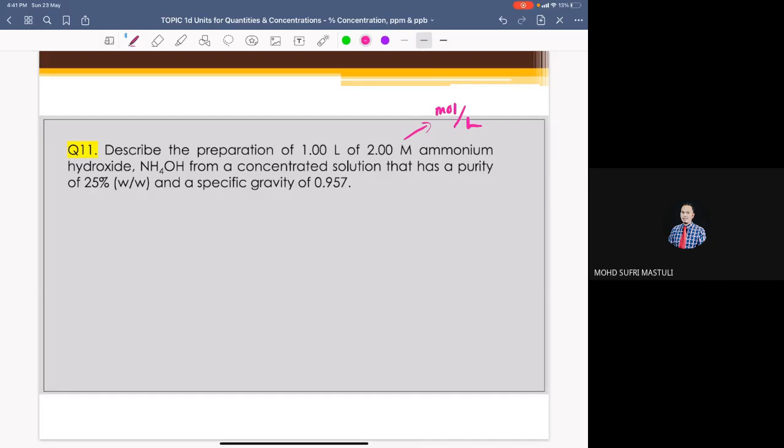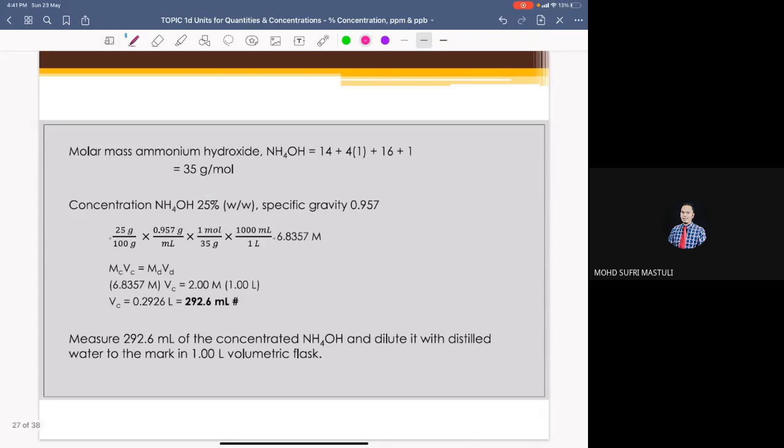So weight per weight meaning that 25 gram in 100 gram of sample. The molar mass of ammonium hydroxide that can be obtained from the product table is 35 gram per mole.